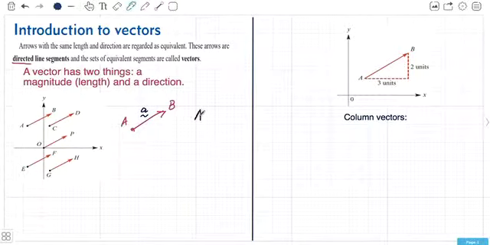We can also use this notation saying that we have a vector going from the point A to the point B. It would look like that, AB. The arrow on top tells us which way we're going. So we're going from A to B. That's not the same as that, because B to A would be going back the other way. So you have to be very careful about where you start on the vector and where you end.